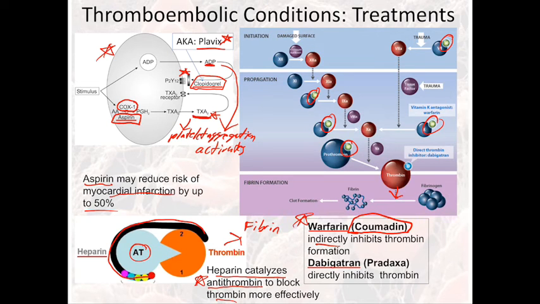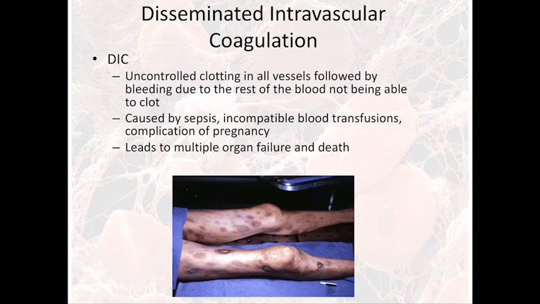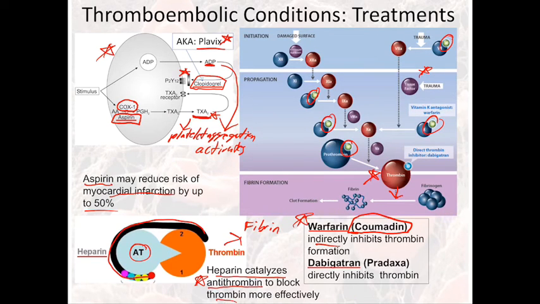So warfarin blocks all of these different mechanisms. And what does that do? Eventually, in one way or another, that stops the formation of thrombin, right? It might stop it way upstream, might stop it downstream, but one way or another, it acts on both the extrinsic side with tissue factor, and it also acts on the intrinsic side over here.